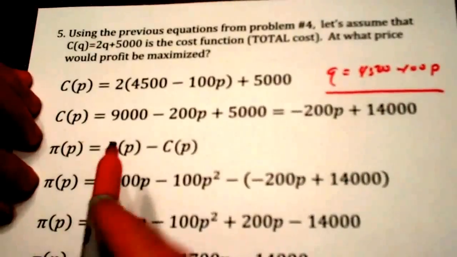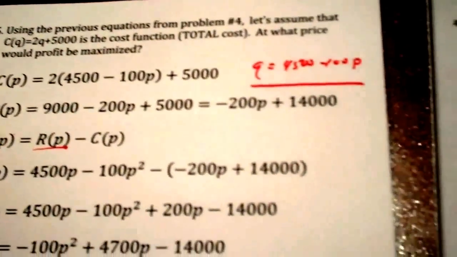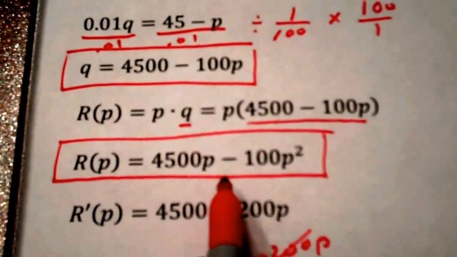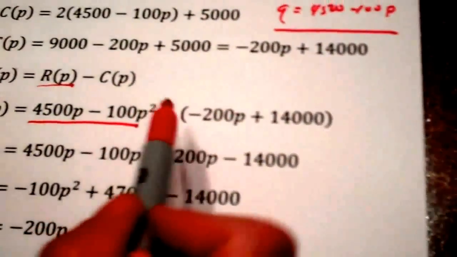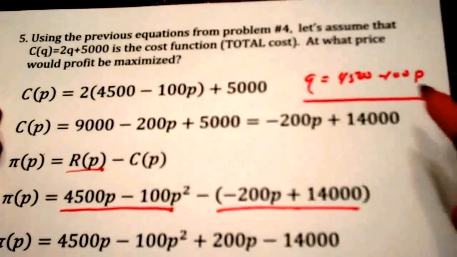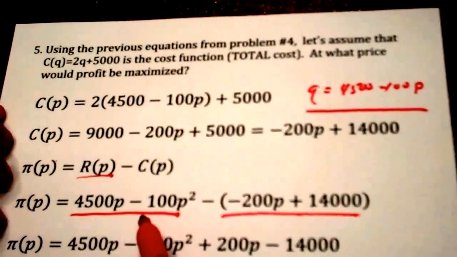So again, remember what the revenue equation was? I just referred you back to it a little while ago. This was from problem 4. Hopefully you were taking notes. There is my revenue equation minus the cost equation that I just determined. When I take the difference between those two, I'll have my profit.